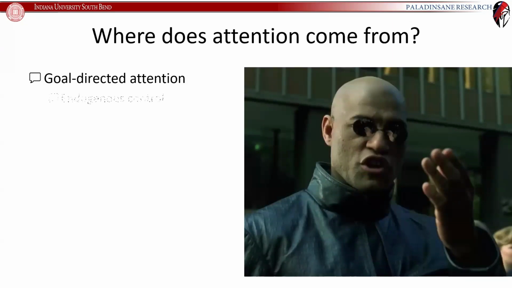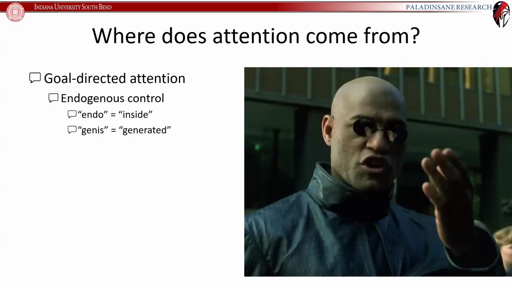This is known as endogenous control, endo meaning coming from inside, and genus meaning generated. The example of endogenous control is when Morpheus asks Neo, were you paying attention to me, or were you looking at the woman in the red dress? And he's stammering. And then Morpheus tells him, look again. Basically, Morpheus is saying, I'm giving you a new goal.